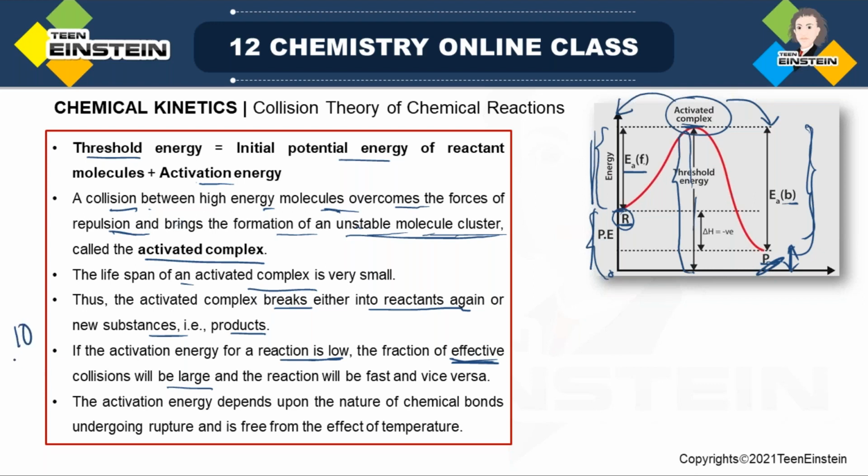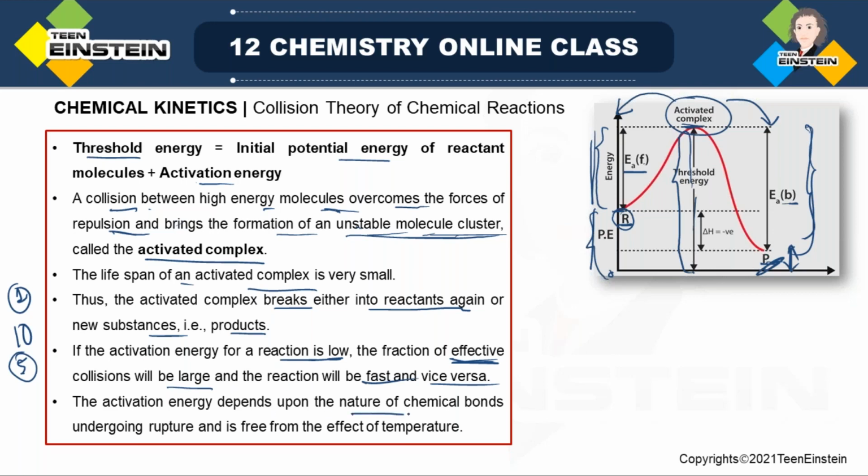If activation energy is very low, suppose there will be total 5 successful collisions, but if activation energy is very high, maybe only one collision is successful. So when activation energy value is very small, the fraction of effective collisions will be large and the reaction will be fast, and vice versa. That is, if activation energy is high, the reaction will be slow.